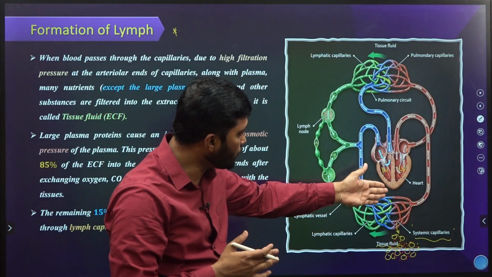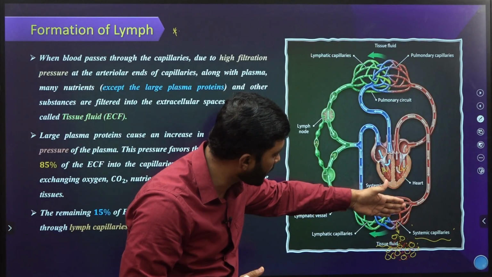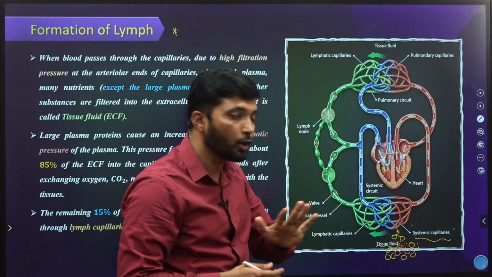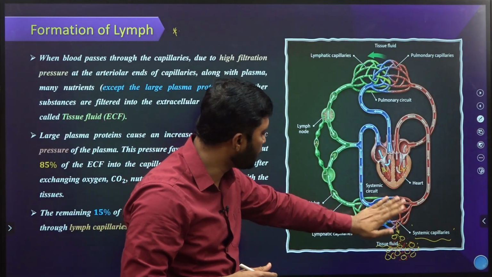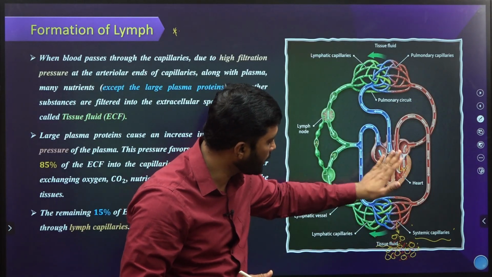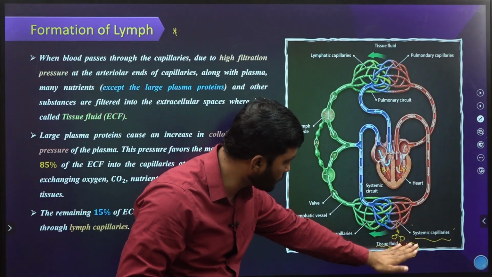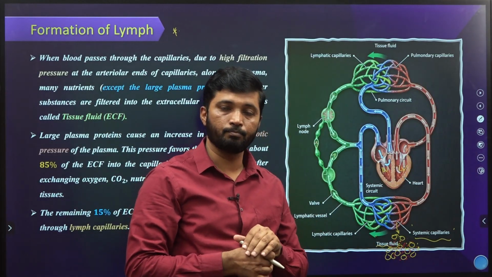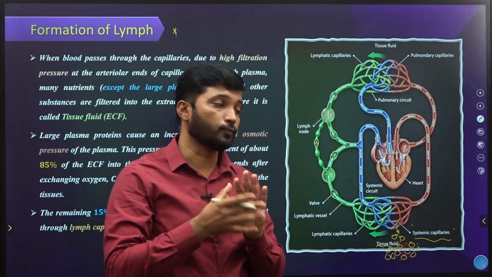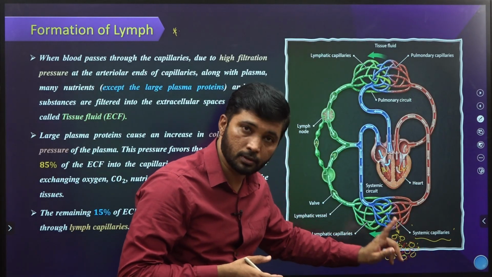Due to high filtration pressure in the arteriolar ends, the plasma, except large proteins and the formed elements, along with the essential substances, filters into the tissues between the intercellular space. That is called tissue fluid. Once fluid enters in between the cells, that is called tissue fluid.